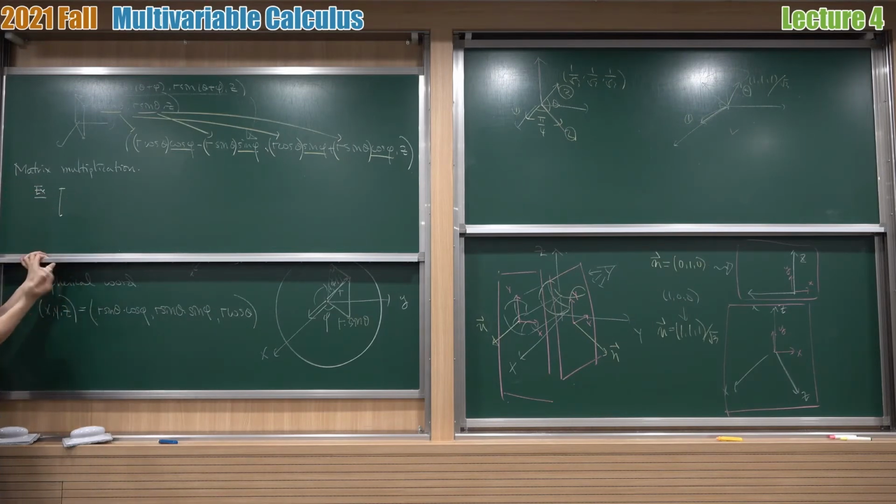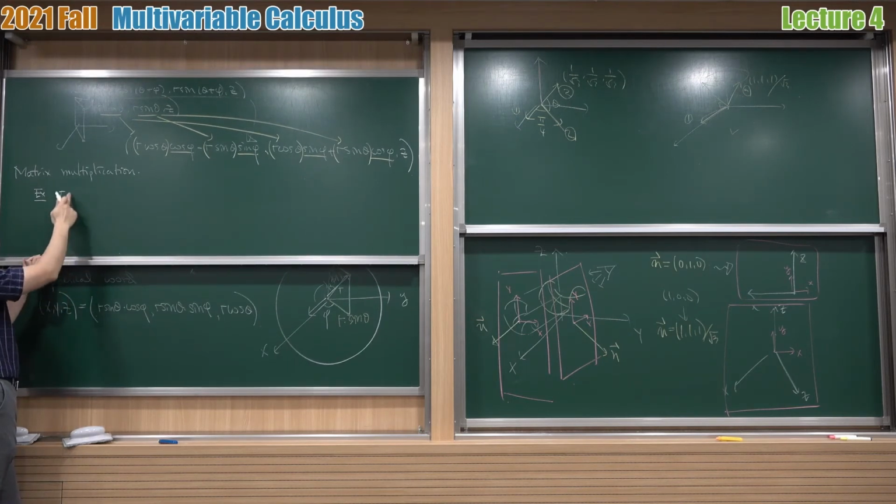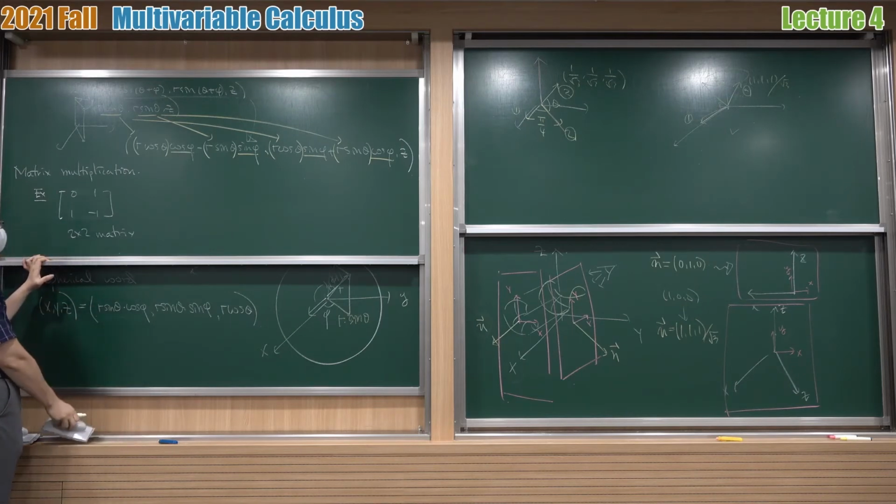So for example, let's say I want to multiply two matrices. Basically, a matrix is a collection of values arranged in rows and columns. So let's say we have 0, 1, 1, minus 1. So this is a 2 by 2 matrix, which means that there are 2 rows and 2 columns.